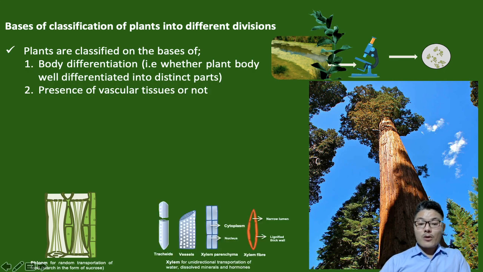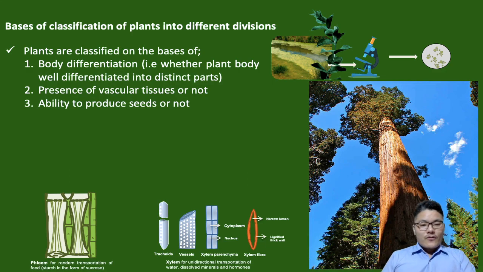And on the other hand, we also have xylem, which is composed of tracheids, vessels, xylem parenchyma, xylem fiber, as you have studied in your lower class. Xylem is responsible for unidirectional transportation of water, minerals, and hormones, and some dissolved organic substances. So whether the plant is having these two permanent complex tissues or not. On the basis of presence of vascular tissue, we classify plants into different divisions.